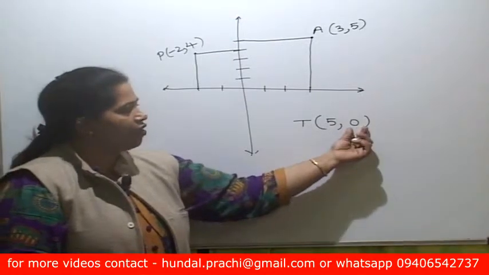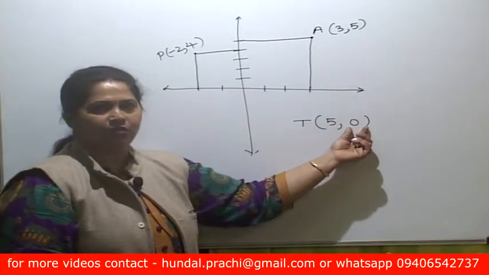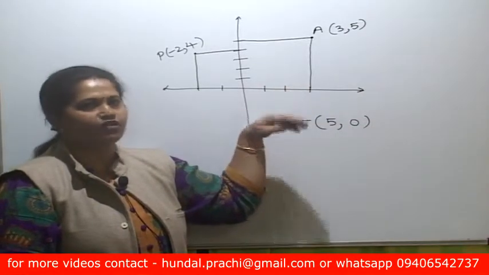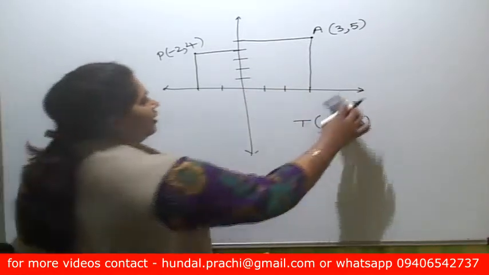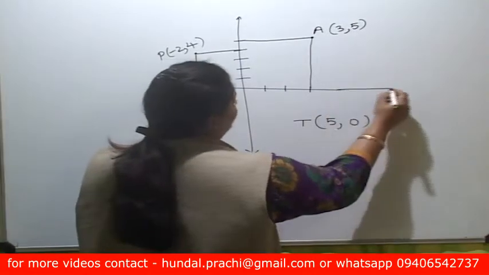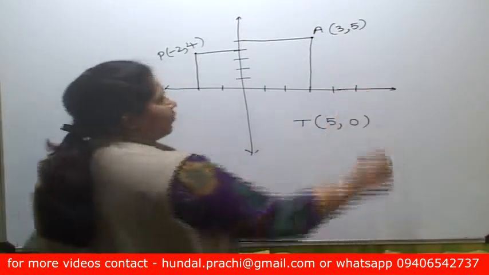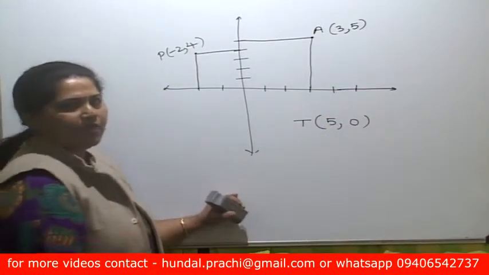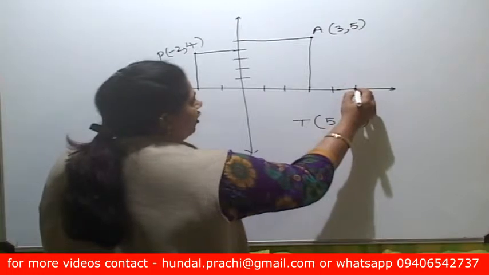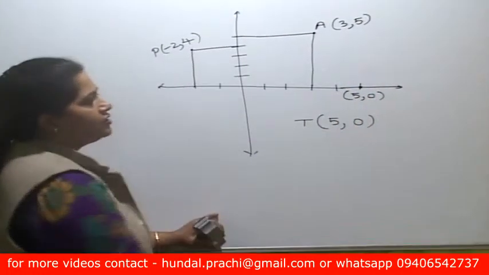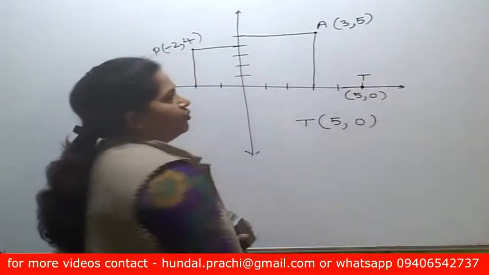The distance of the point from the x axis is 0, this means that the point will lie on the x axis itself, it is not away from the x axis. So T is equal to 5, 0, the point will come here, this is 1, 2, 3, 4, 5, that is, the point is 5 units away from the y axis, and the y coordinate is 0, that is, it is not at all far from the x axis. So this will be point T, that is 5, 0.